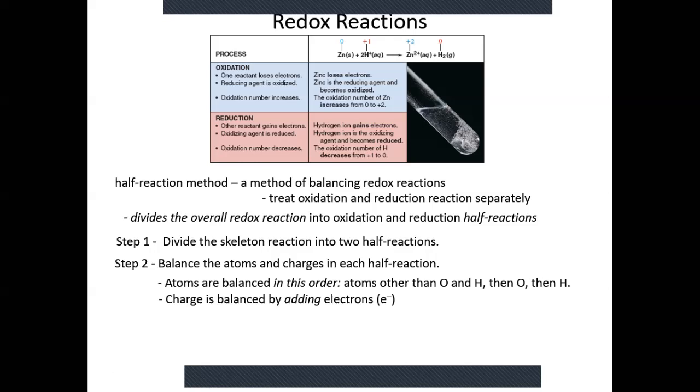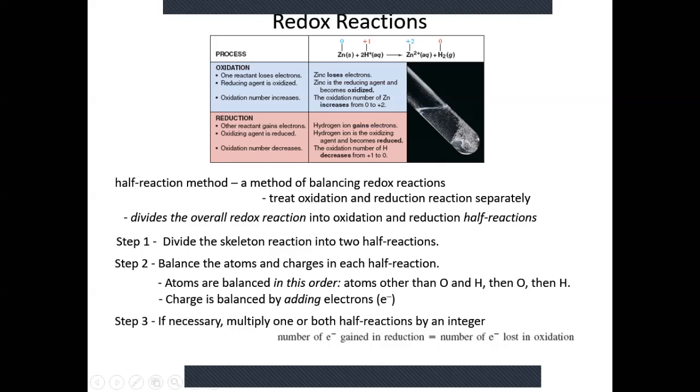When the atoms are balanced, we balance them in this order: atoms that are not oxygen and hydrogen, then the oxygen, and lastly the hydrogen. The charge is balanced by adding electrons, and we'll show you that as well. Those are the two steps. Then we may have to multiply so that the number of electrons gained in the reduction is equal to the number of electrons lost in oxidation.